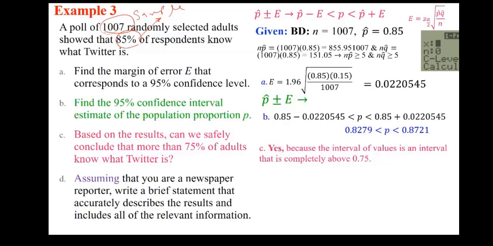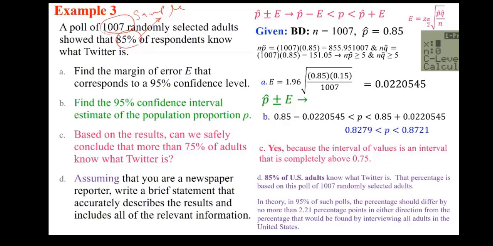As far as the wording, we are 95% confident that this interval contains the true proportion. And this is one way to write it. 85% of US adults know what Twitter is. That percentage is based on this poll of 1,007 randomly selected adults. In theory, in 95% of such polls, the percentage should differ by no more than 2.21 percentage points. This is slightly different than what we discussed before.